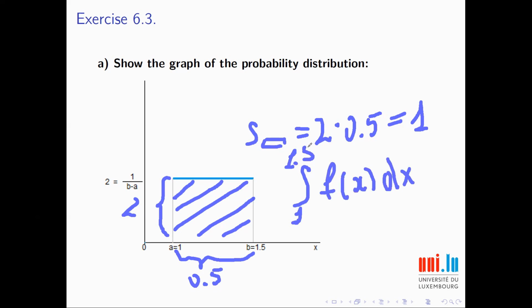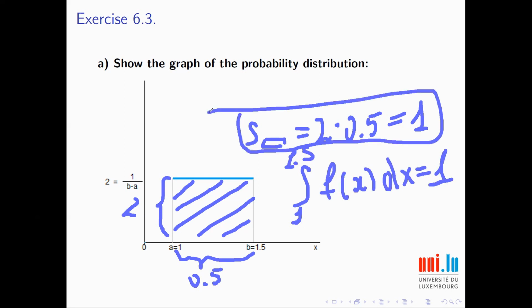I will not do the exercise right now, but you can also check that it's equal to 1, when we integrate the probability function of our random variable over all possible values. So these are 2 ways to check whether a distribution is valid. But especially for uniform distribution, just use the formula for the rectangle.